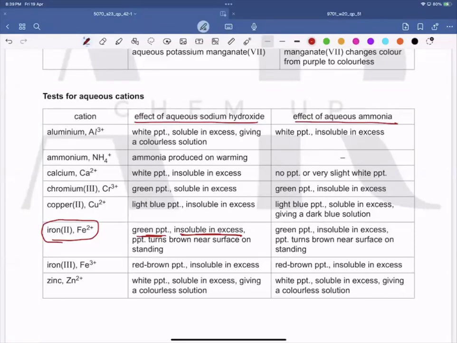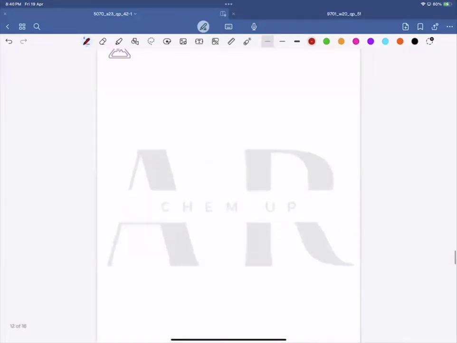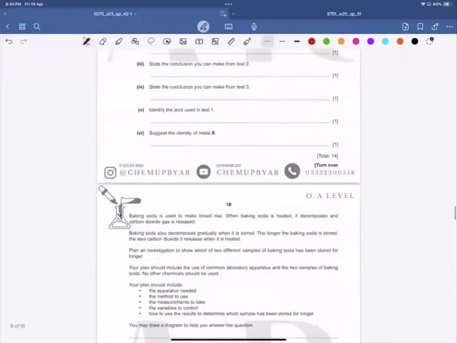And in the same way, if you add a small amount of aqueous ammonia, you are going to get the green precipitate. And when aqueous ammonia is added in excess, it remains insoluble in excess. It means on adding excess, the precipitate doesn't dissolve. So you have to check the table for paper 4 and then write this.